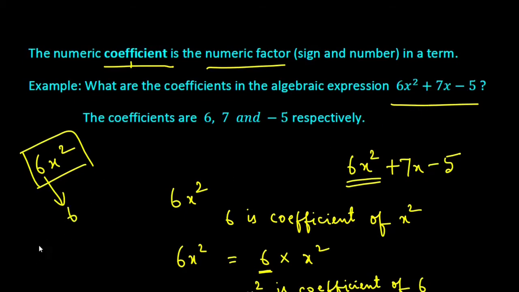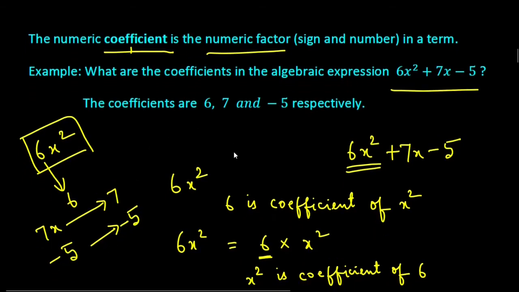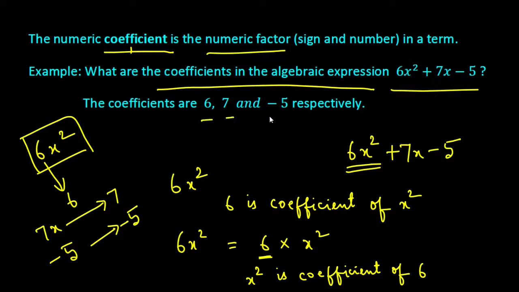Coefficient of 7x is 7. And coefficient of minus 5 is minus 5. So here the coefficients of the algebraic expression 6x square plus 7x minus 5 are 6, 7 and minus 5.